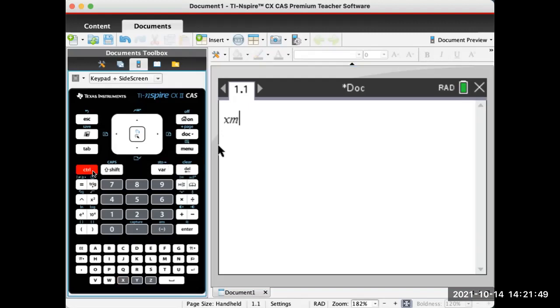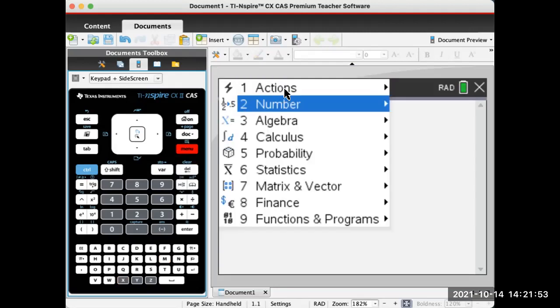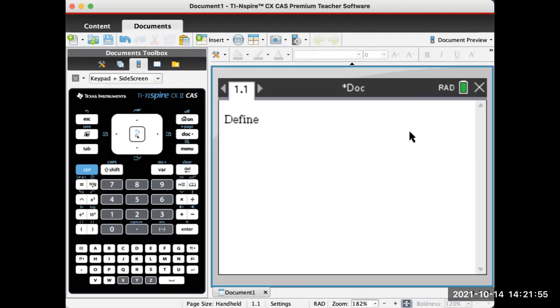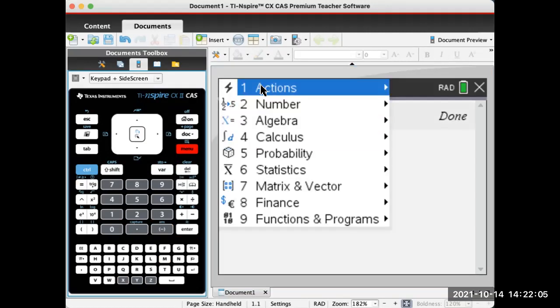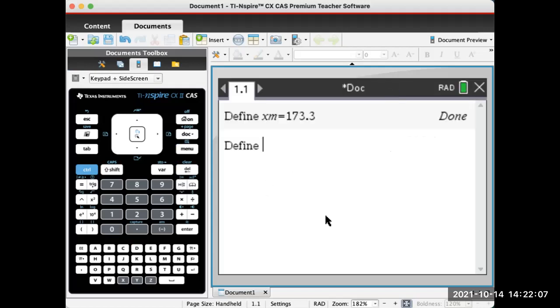We can define this or store a value for it, or we can use define, yeah? So actions, menu 1, xm, that's grouped as 1 bit, okay? That's 173.3. So I'm just looking at the book or the question at the moment. If you can type this in together with me, that would be fantastic as well. So open up a calculator and type this in as well.